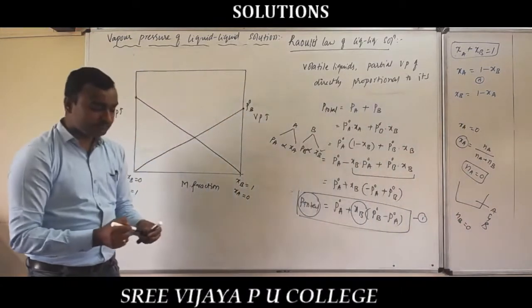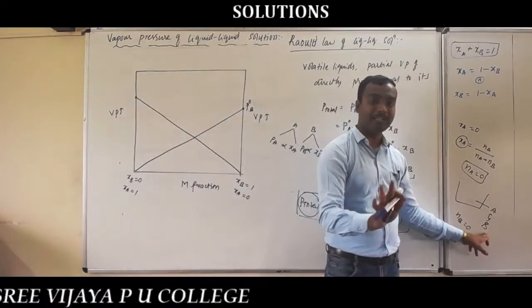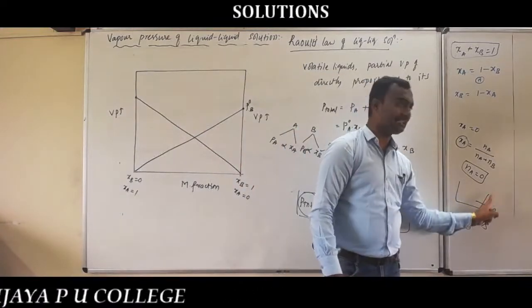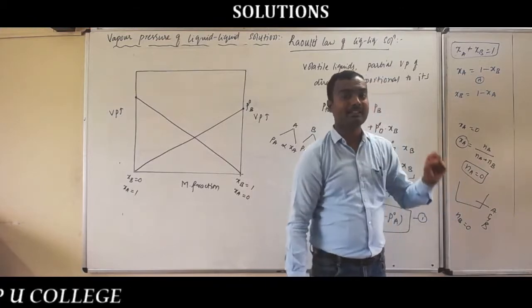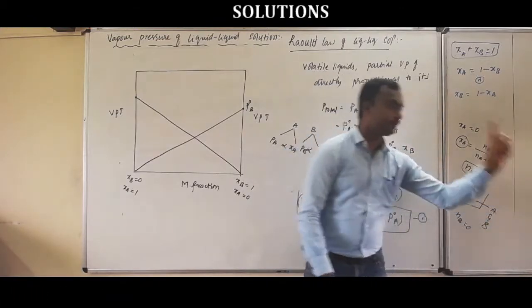If the number of moles of B is 0, there is no component B in that solution, that is, it consists of only A. Now the vapors which are coming from the solution are thus only the vapors of component A.